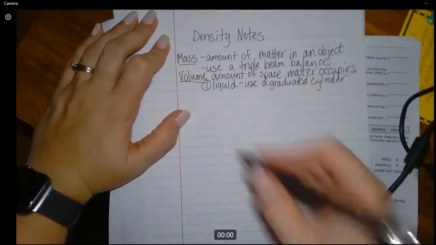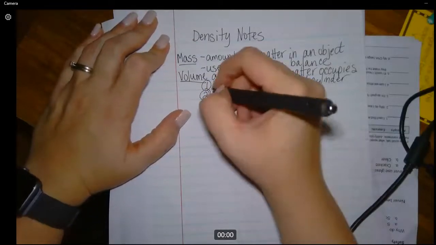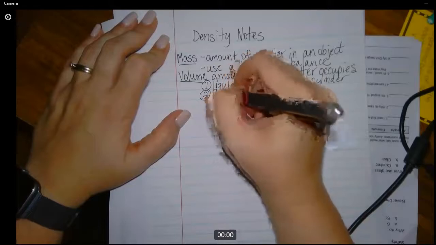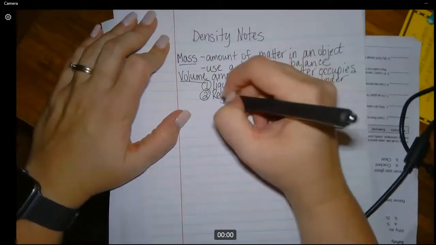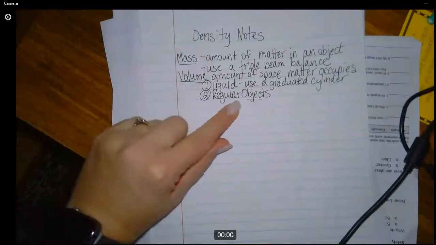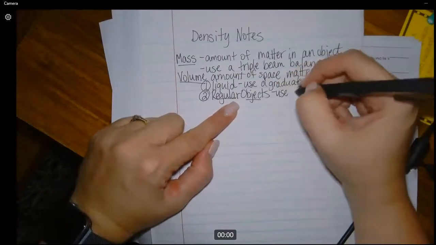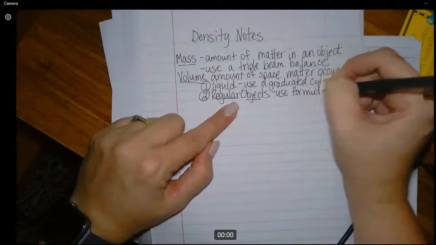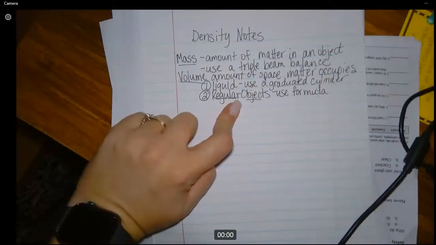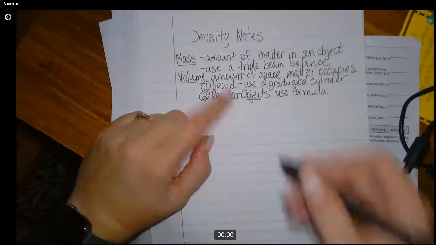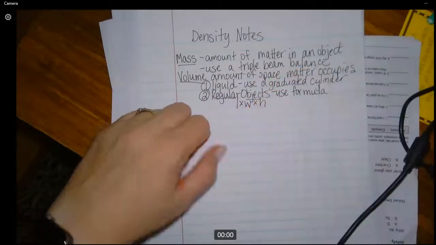The second thing that we're going to find the volume of are what we are going to call regular objects. And I'll explain what that means. Regular objects are things that you have a formula for. Now, in 6th grade, the only thing you know a formula for is for a rectangular prism or a cube. You're going to use length times width times height to find that.